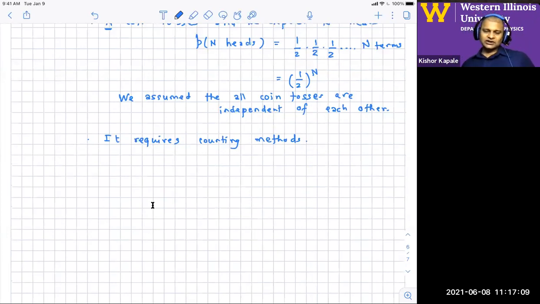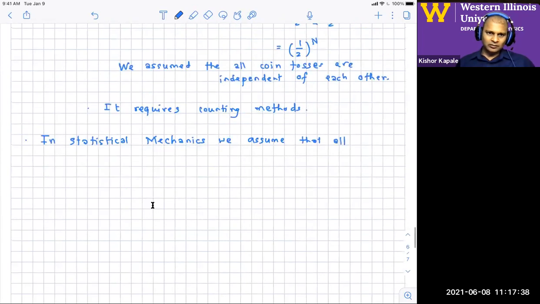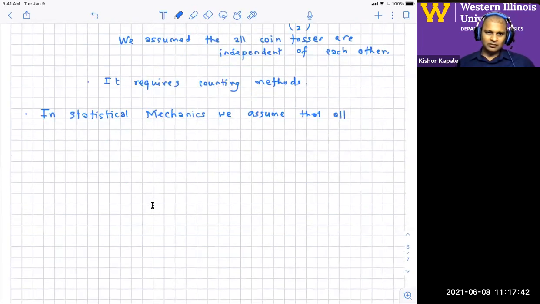So what happens in connection of this with statistical mechanics? In statistical mechanics, we assume that all accessible states or microstates of the system are equally likely.